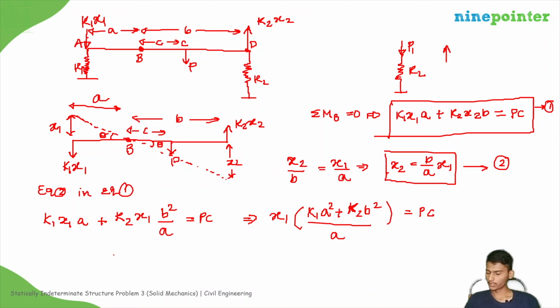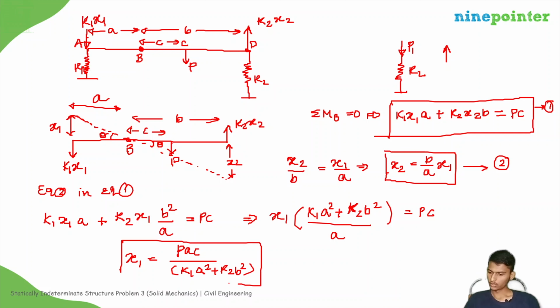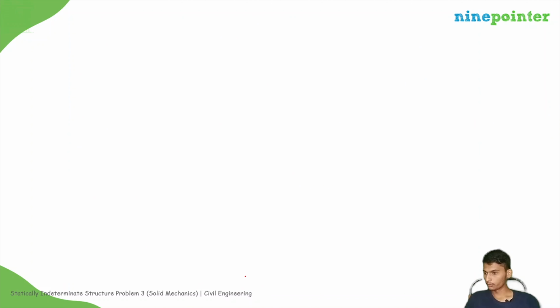Then you will get x1 equal to PAC divided by K1 A square plus K2 B square. So this is x1. Then what is the value of x2? x2 is equal to B by A into x1.